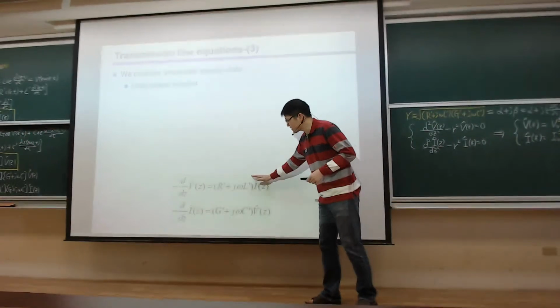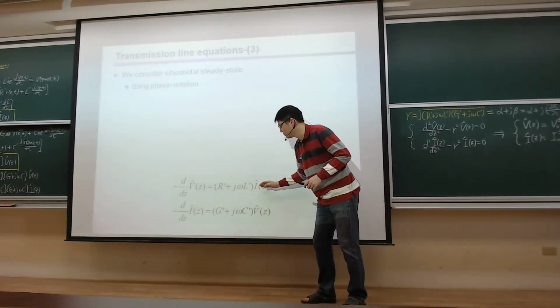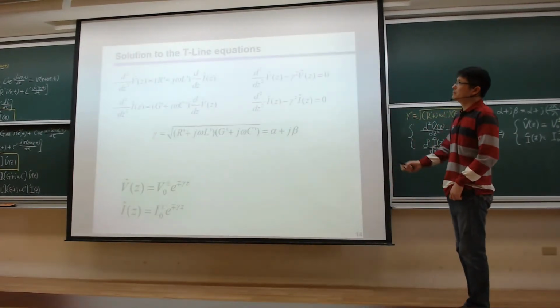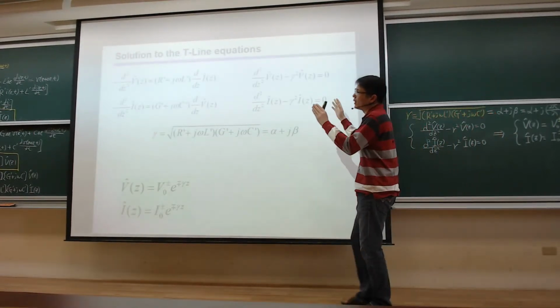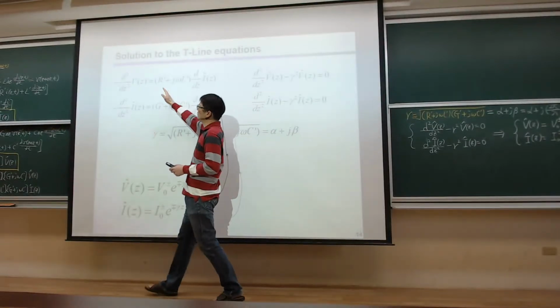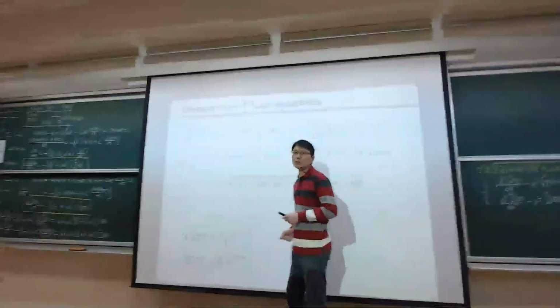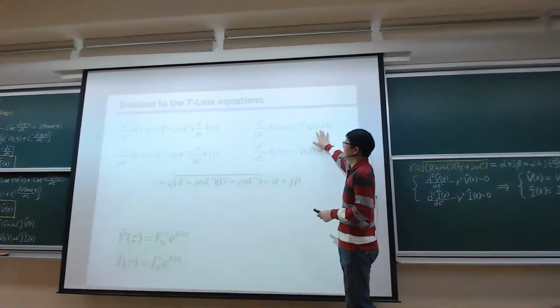So in the phasor notation, we have very beautiful multiplication. Eventually, we didn't know how to solve this one because on the left-hand side, we have voltage and current. So we performed another differentiation, and now we can replace the dI/dz with the former equation. So now we have this.